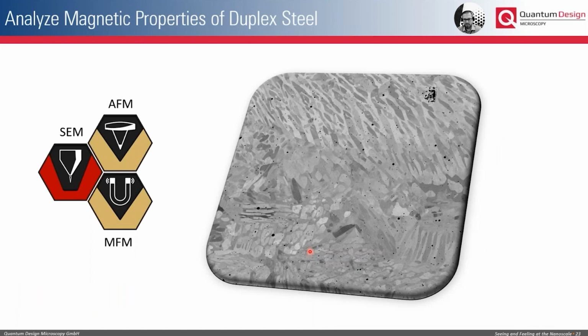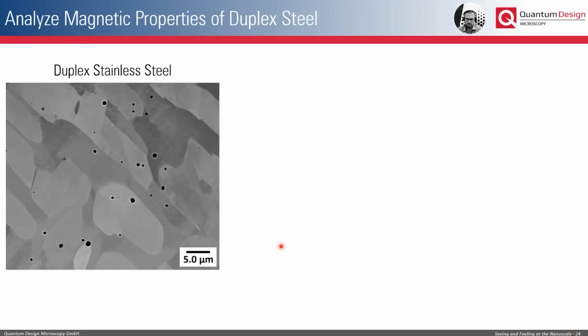As a last example, I want to talk a little bit about MFM, where we measured magnetic properties, in this case of an industrial duplex steel sample. And the experiment is pretty similar to the experiment that you saw for the EFM measurements. So again, we use the SEM resolution to really identify the area of interest on this duplex steel sample.